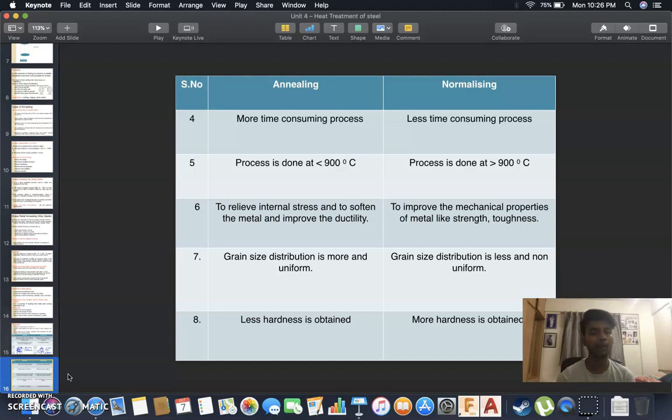And in normalizing, more hardness is obtained because we heat it to more than 900 degrees centigrade, due to which ductility and various other factors come into the picture. And the cooling rate is faster than annealing because we leave it in the open air, so it loses heat very fast. So hardness is obtained because the grain size distribution is less and non-uniform.